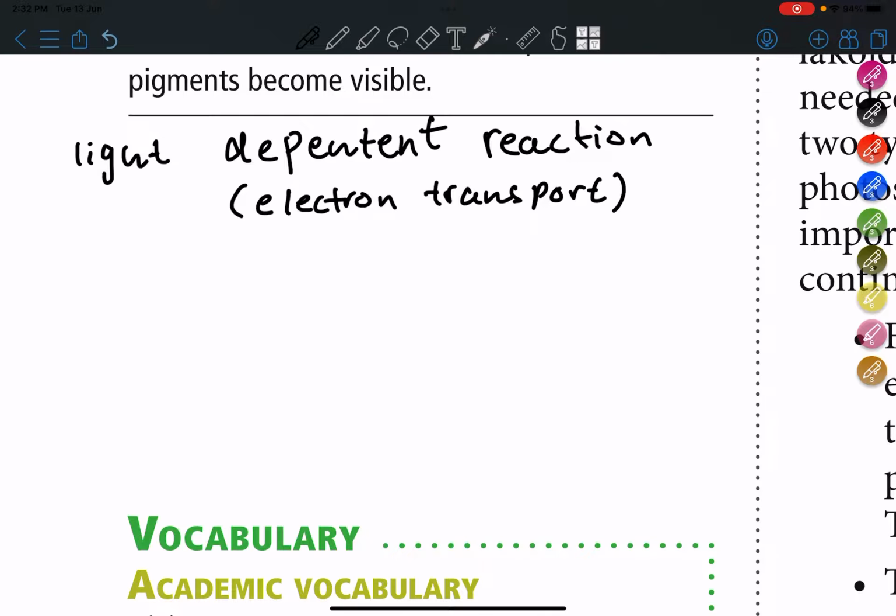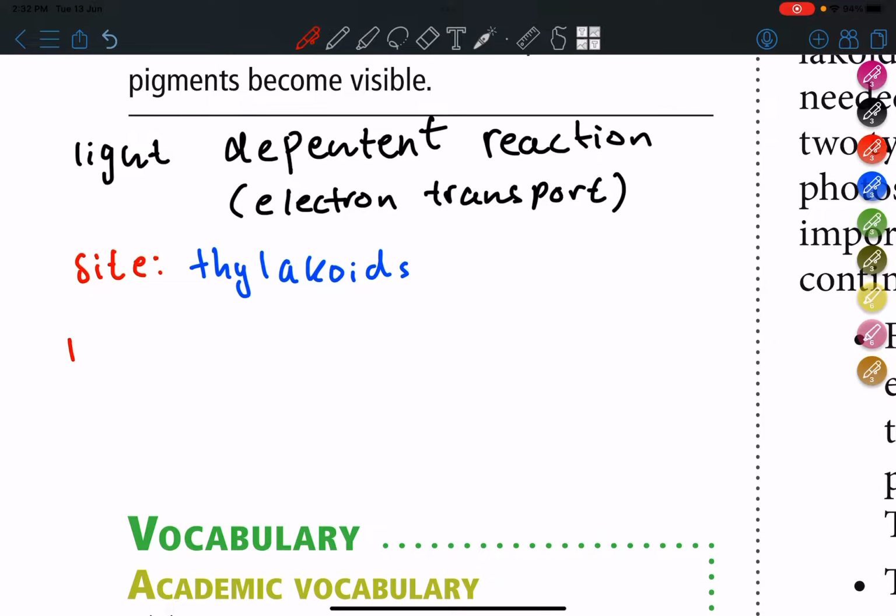Okay, so where is the site of this reaction? Where does it happen? It happens in the thylakoid. And if anyone remembers from our last video, the previous part of this lesson, we know that the thylakoids are found in the chloroplast, which is an organelle of the plant cell.